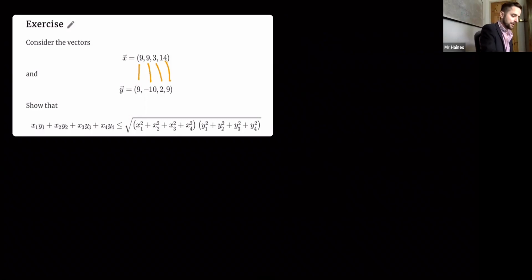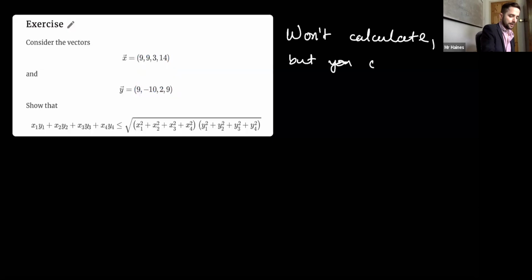And then we would also do 9 squared plus 9 squared plus 3 squared plus 14 squared, and multiply that with 9 squared plus -10 squared plus 2 squared plus 9 squared. And the answer you get from the blue stuff would be bigger than the answer you get from the orange stuff every time. So we won't calculate this one, but you can check if you like.